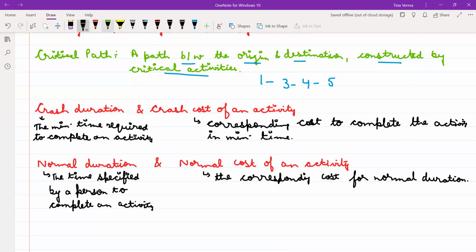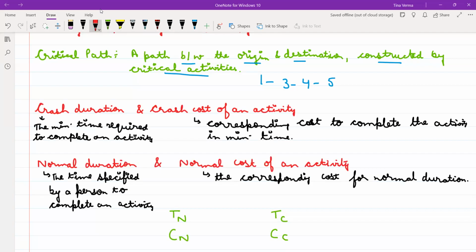So this is the time for your normal duration, this is the time for your crash duration. If I am taking the cost of normal duration and the cost of crash duration, can you tell me what will be the relationship between Tn and Tc? Tn means time for normal duration. Tc means time for crash duration. Cn means cost for normal duration and Cc cost for crash duration. What will be the relationship?